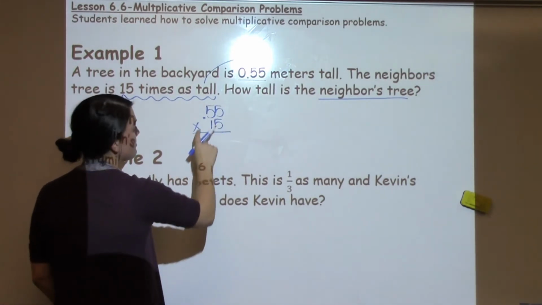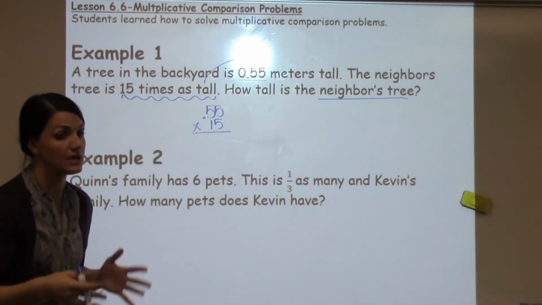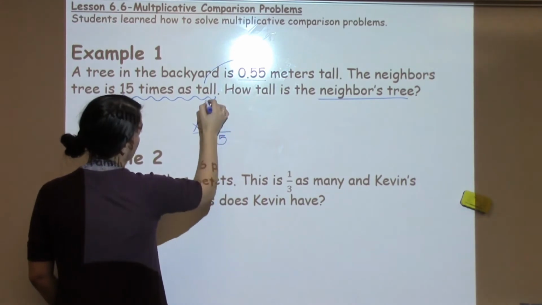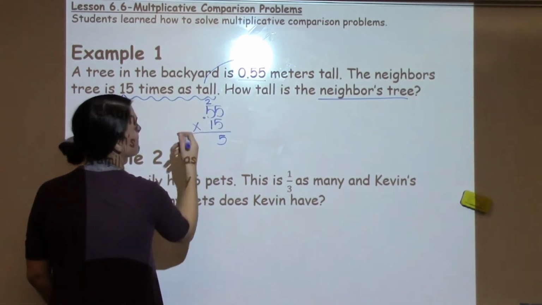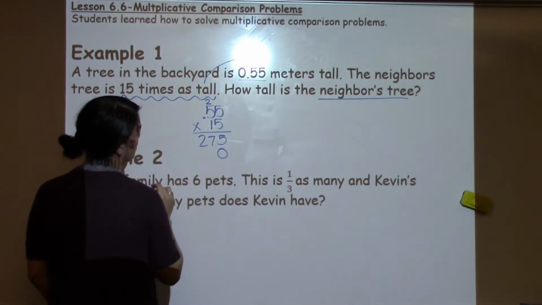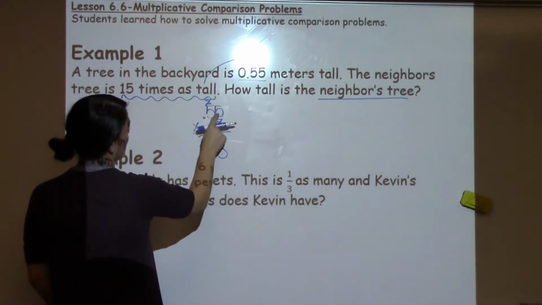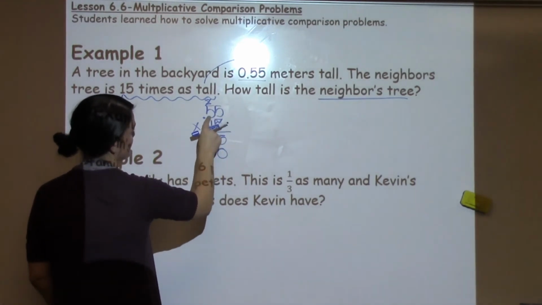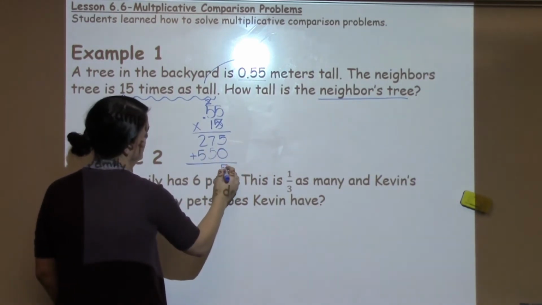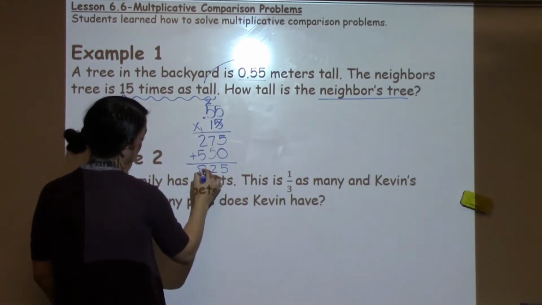Now, when I think about multiplying with decimals, we remind the students just to completely ignore the decimal until the very end, and then we'll put it into our answer. So 5 times 5 is 25. I carry my 2. 5 times 5 again is 25, plus 2 is 27. I place a 0 to hold the place, cross out the 2 and the 5 because I'm done working with them. 1 times 5 is 5, 1 times 5 is 5 again, and now I get to add. 5 plus 0 is 5, 7 plus 5 is 12, 2 plus 5 is 7, plus 1 is 8.